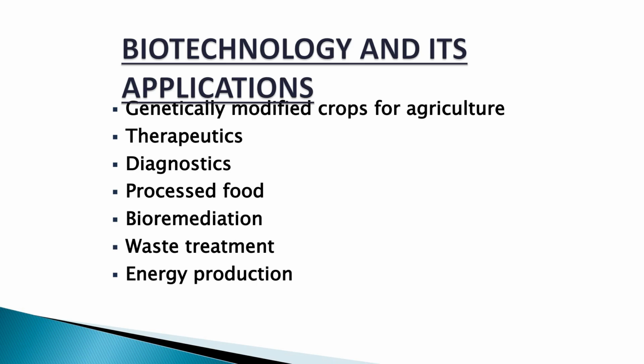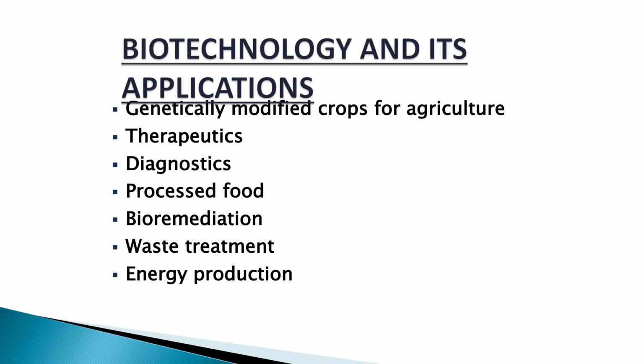Then we shall go to the next beneficial aspect, processed food. We shall deal in detail with processed food, that may be cheese, that may be anything which is being kept as processed. Bioremediation is one very important thing to keep us clean. With increased population and our lifestyle, we are polluting our environment more and more.